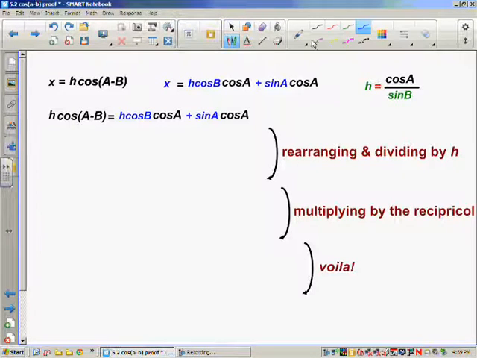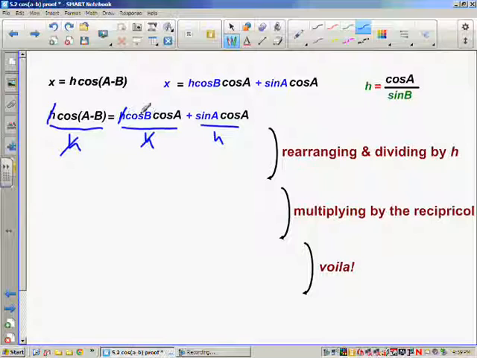First thing I want to do is divide by h. If I divide by h over here, I'm going to get things to cancel out. And I also want to flip this around.